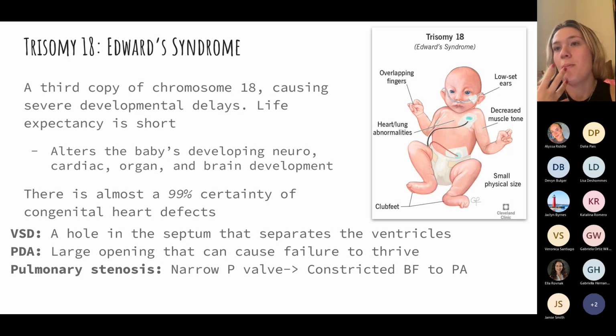I really want you to pay attention to the heart abnormalities, specifically our ventricular septal defect, our PDA, and our pulmonary stenosis. We'll talk a little bit more about these in our cardiac, but just know that with a lot of our trisomies, even trisomy 21, our Down syndrome, there's a lot of cardiac anomalies that are associated with trisomies, and that's kind of across the board.